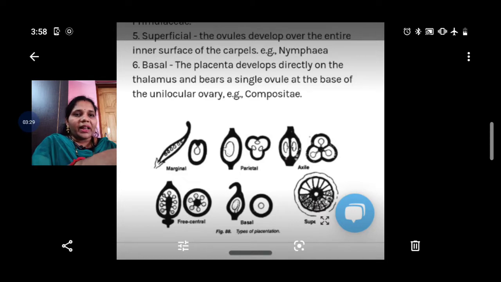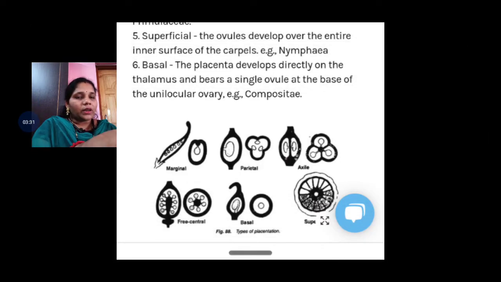In parietal, the placenta or the undeveloped seeds are formed by the swelling margins of the ovary. Here you can see that the placentas are developed on the swelling margin of the ovary.